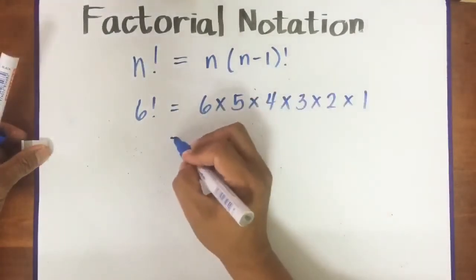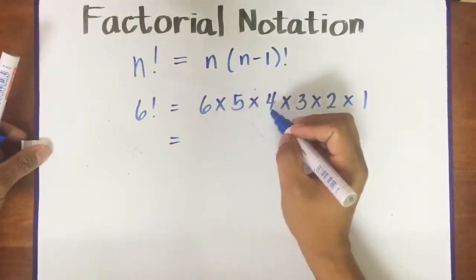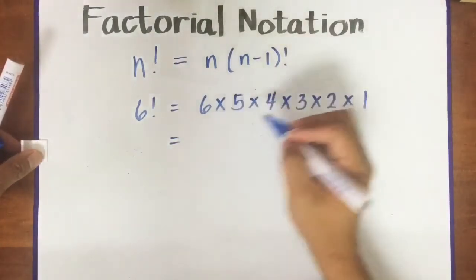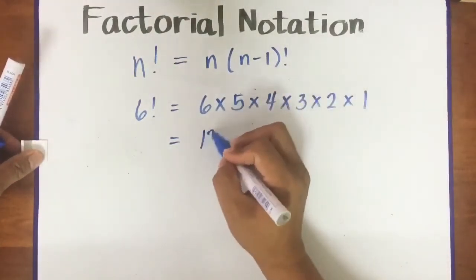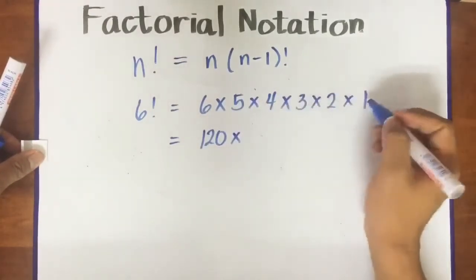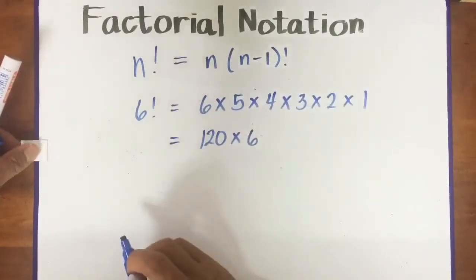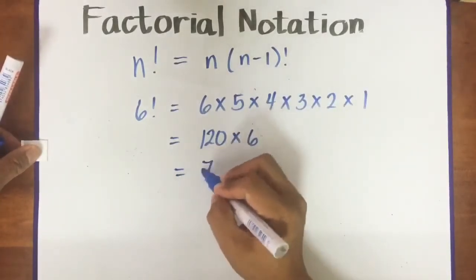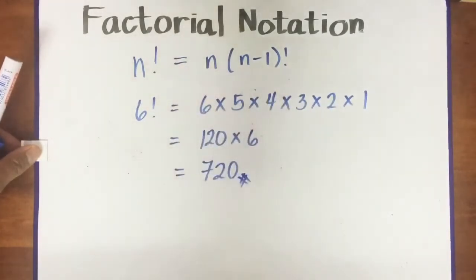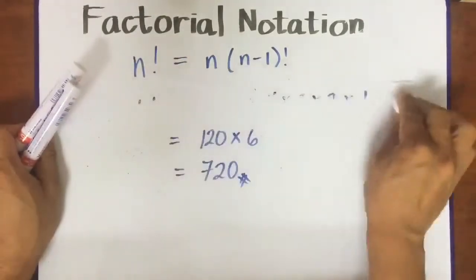So you'll have now 6 times 5 is 30, 30 times 4 is 120, okay, 120 times 3 times 2 times 1 is 6. So 120 times 6 is 720. So the value of 6 factorial is 720. Okay. Next example.